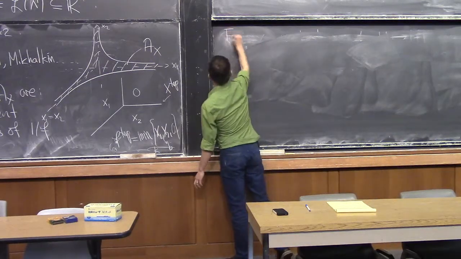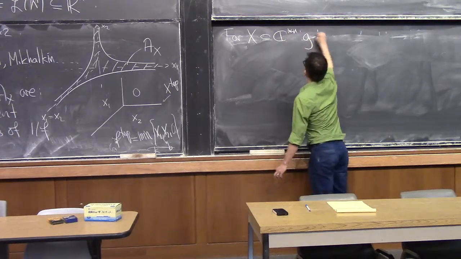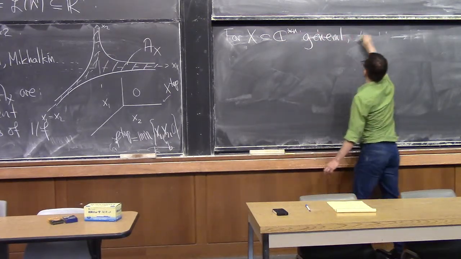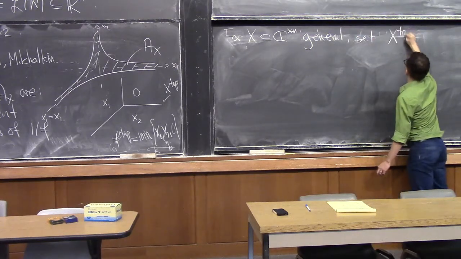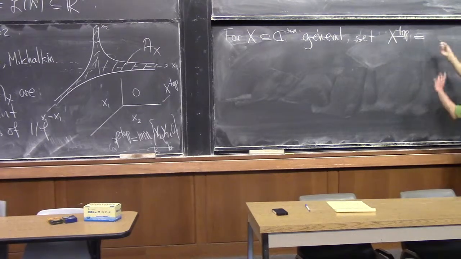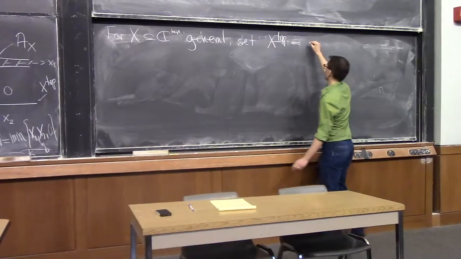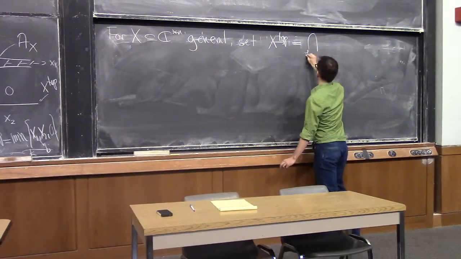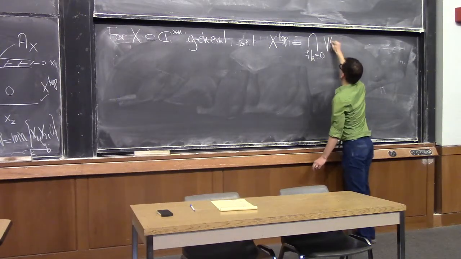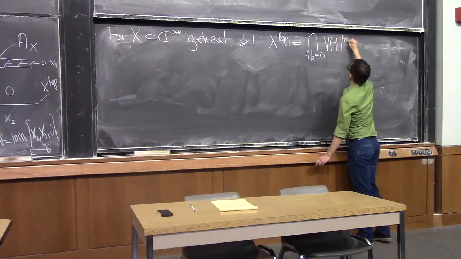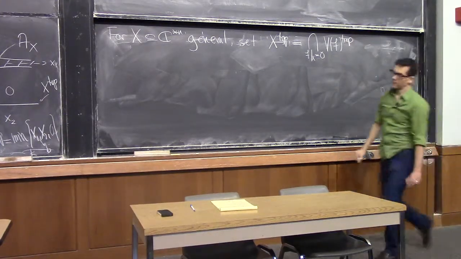So for x inside (C star)^n in general, you just say that x trop, just as a set, I don't care about any multiplicities or so right now, would be the intersection over all f that vanish on x of V of f trop. Just as a set. That's the only thing I have to consider anyway.